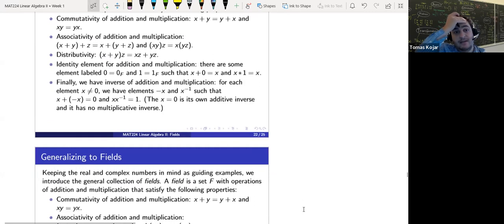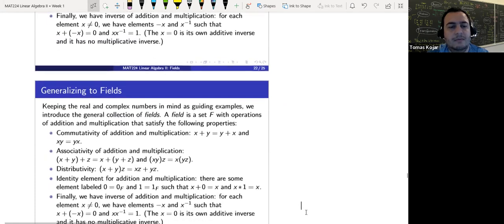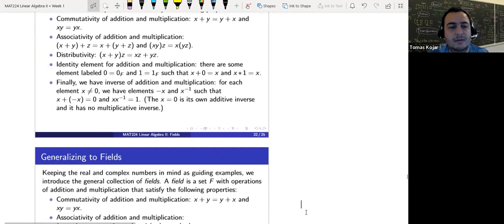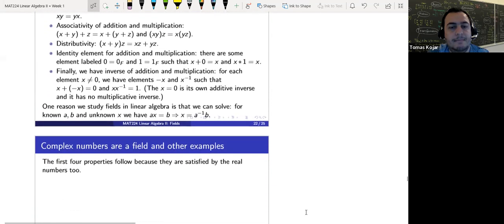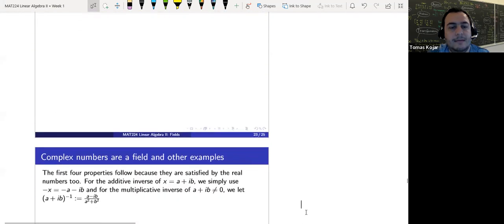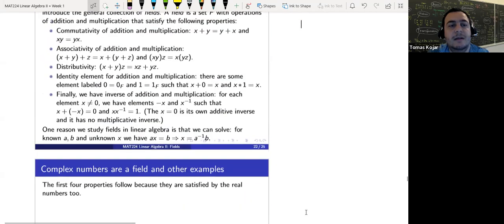Okay, so finally, we have inverse of addition and multiplication. So let me go to the next page. That's fine. Let me just have this axiom up here.